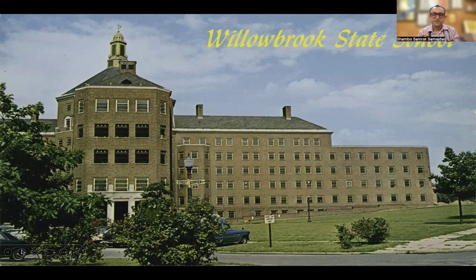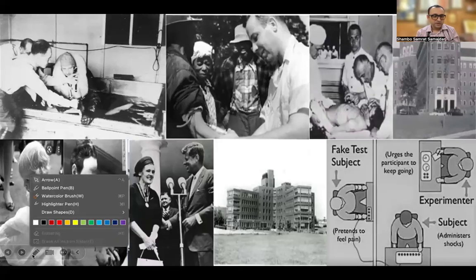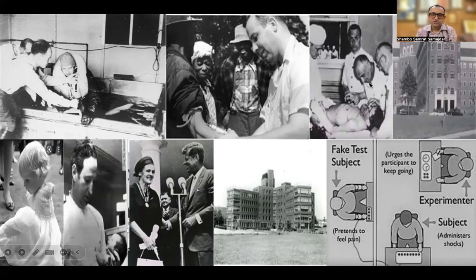The thing is that everything looks good, but it's not actually good. What is happening behind the wall is very important. So here at the Willowbrook School, we can see here, just hold on, I hope my arrows are visible. So this is the Willowbrook School, which generally had mentally disabled students.